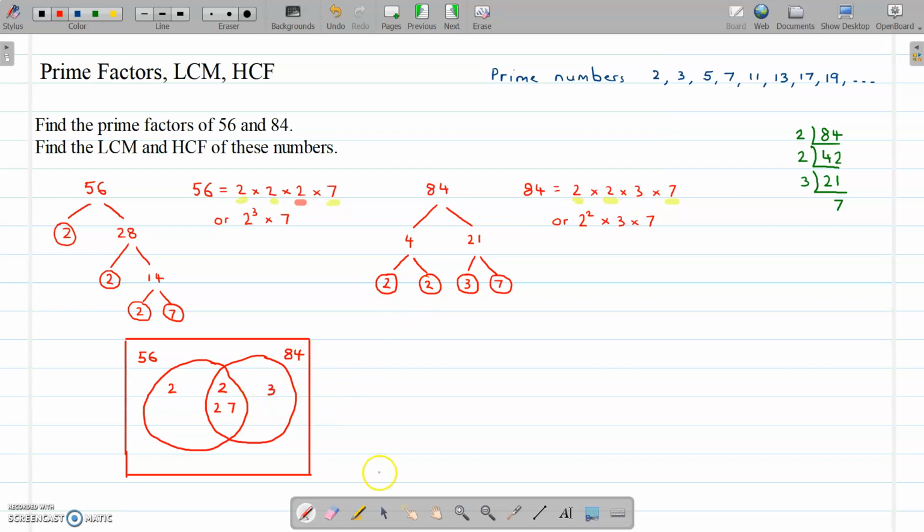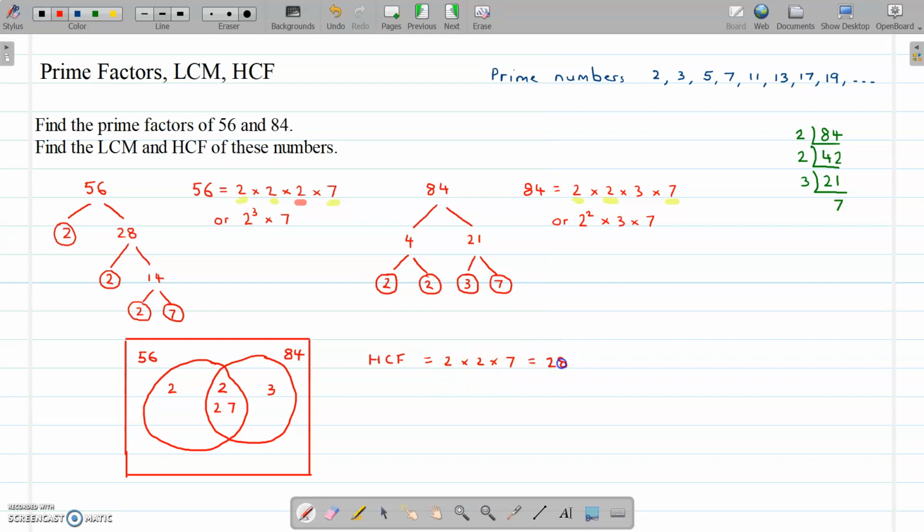Now from that Venn diagram that I've drawn, I can immediately tell you that the HCF, the highest common factor of both numbers, is the product of the numbers in the middle. 2 times 2 times 7, which of course is 2 times 2 is 4 times 7 is 28.